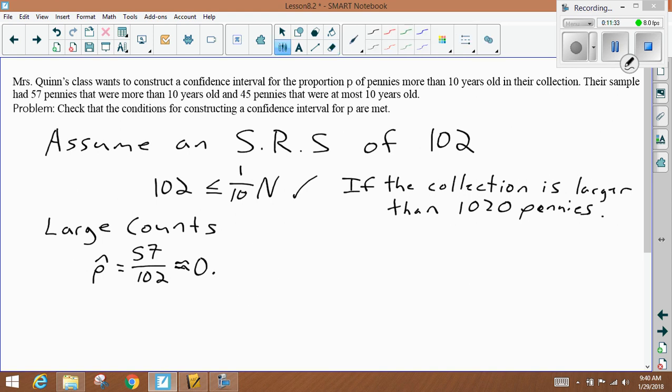Yeah, you can, but I feel like it's an easier number to work with. If you like working with the fractions, it's not wrong. Okay, so now we can check our condition that n times p hat is at least 10.